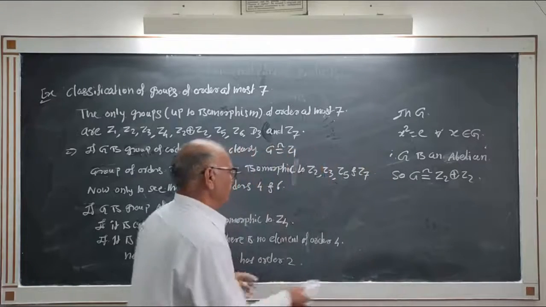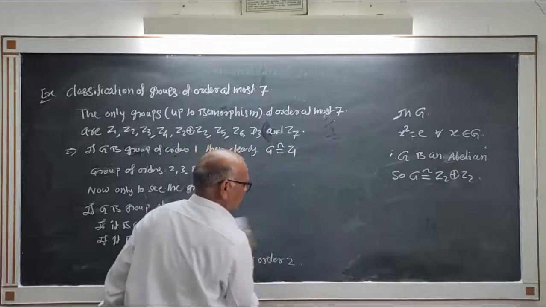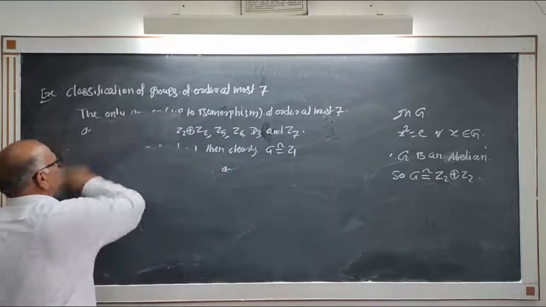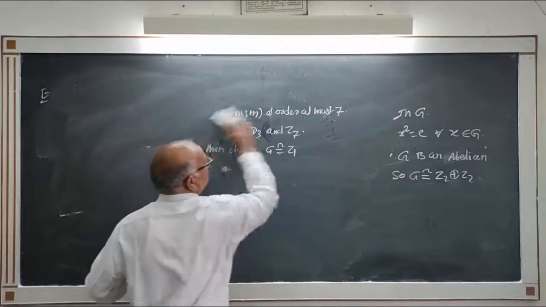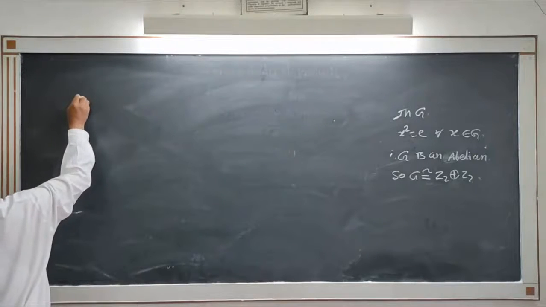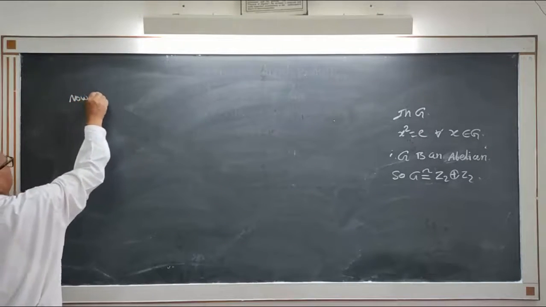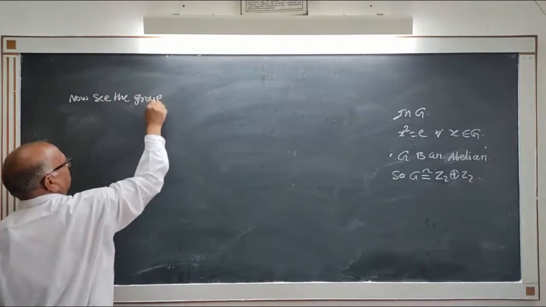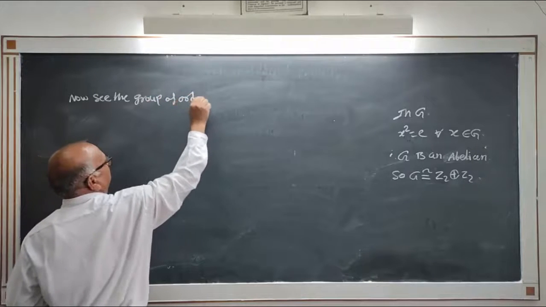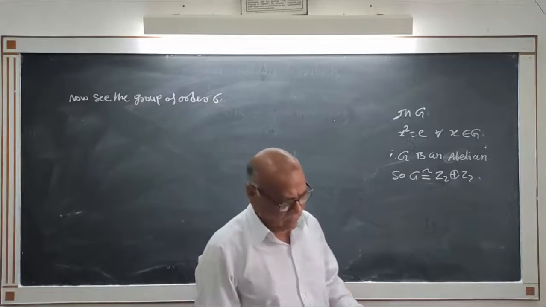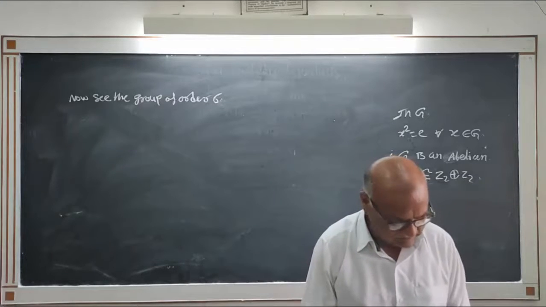Now consider the group of order 6. G is a group of order 6.